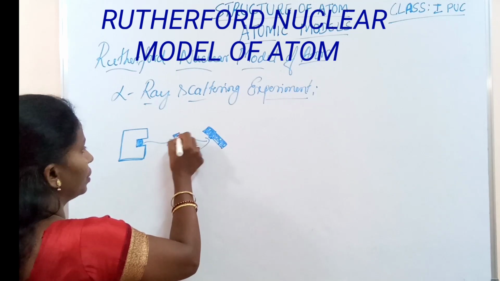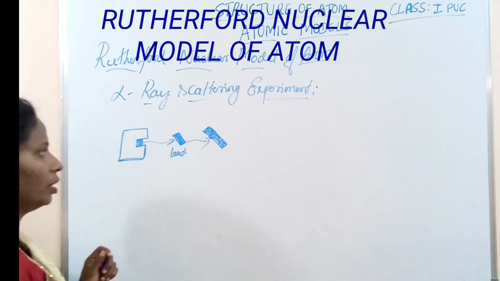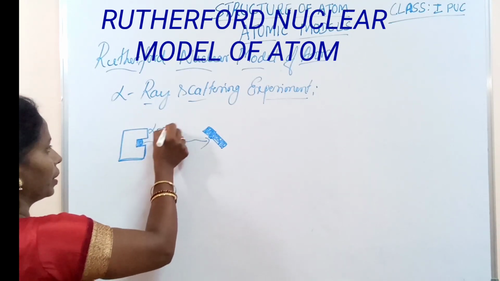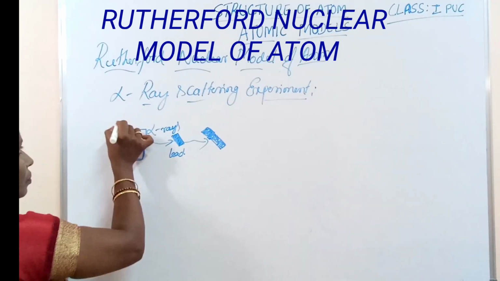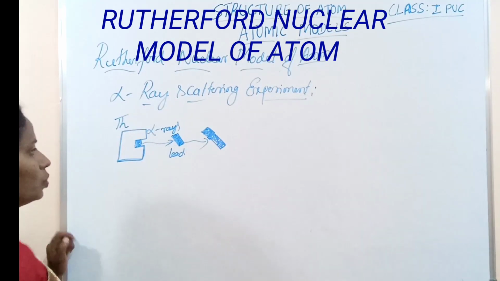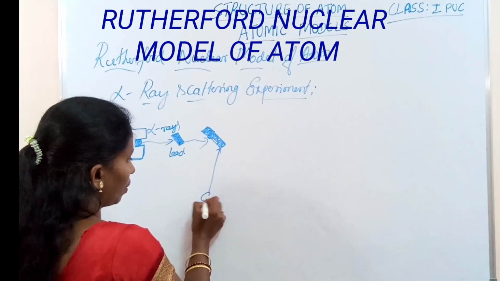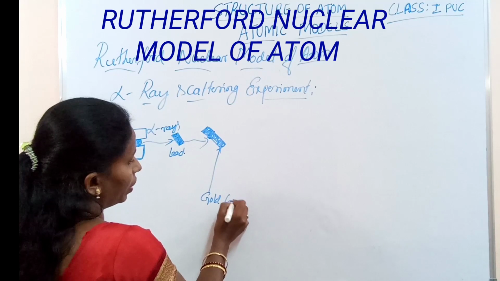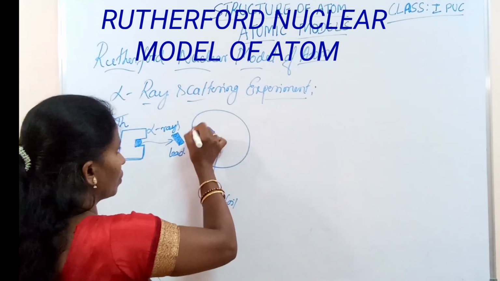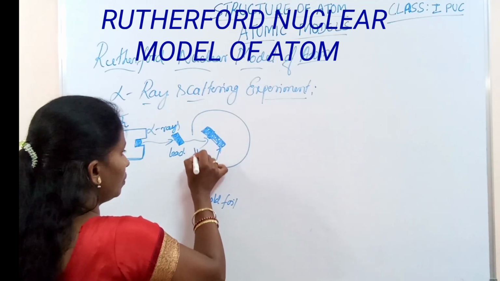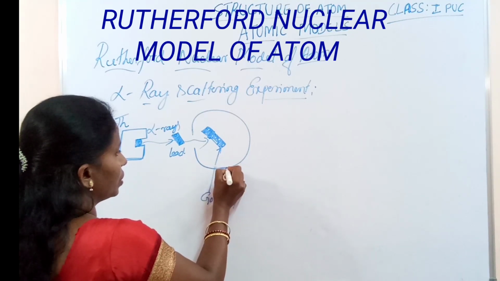This is a lead filter to filter out other radiations and allow only alpha particles. These are alpha rays from radioactive thorium they used here, and this gold foil is surrounded by a fluorescent screen.